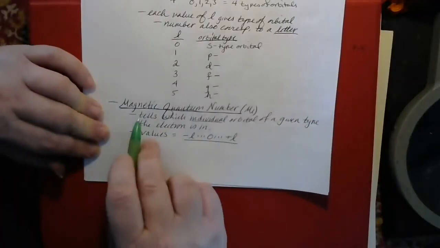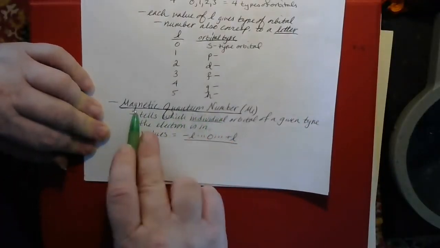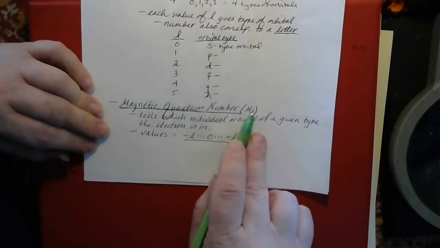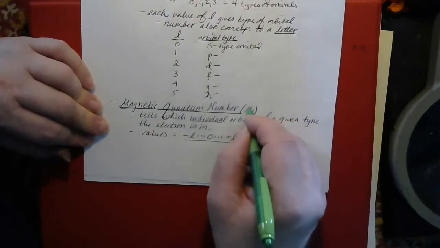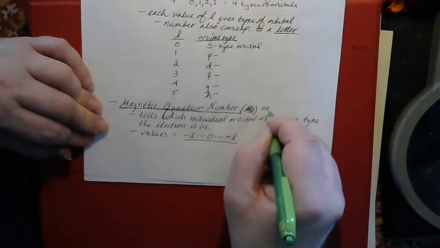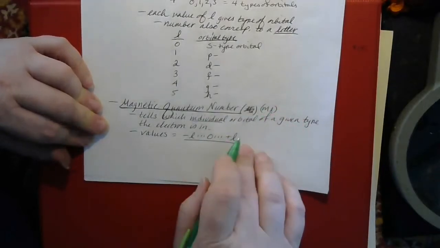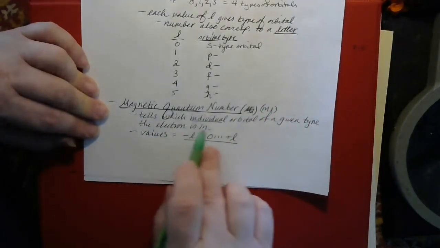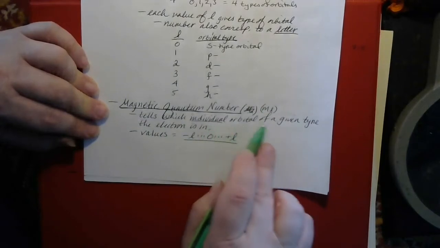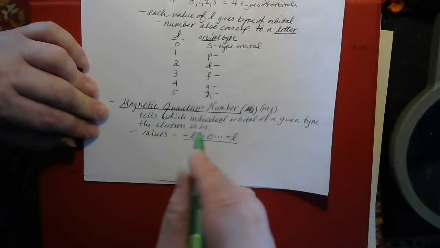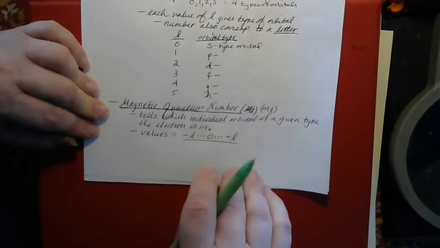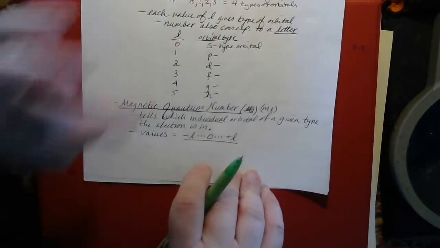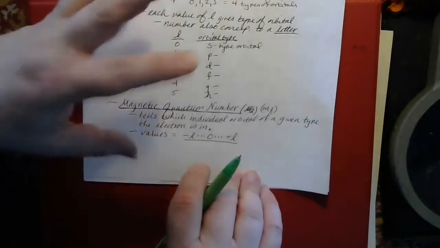Right, the next quantum number we want to talk about is the magnetic quantum number, the symbol being m sub L. That should be a lowercase m. It looks kind of like a capital, the way I wrote it there. M sub L. This quantum number tells you which individual orbital of a given type the electron is in, because with some of the types of orbitals, there can be more than one of them in a given principal energy level.